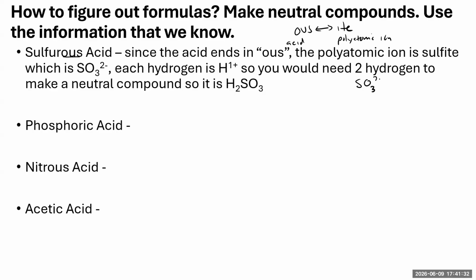This totals a 2 minus charge. We're trying to make a neutral compound again. So each hydrogen is a 1 plus. How many hydrogens do we need to make a neutral compound? Well, we need 2, right? Then that makes a 2 positive. So that's going to be H2SO3.